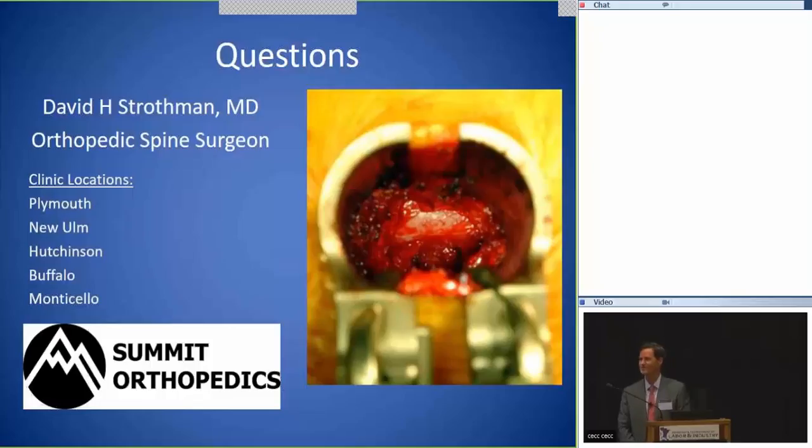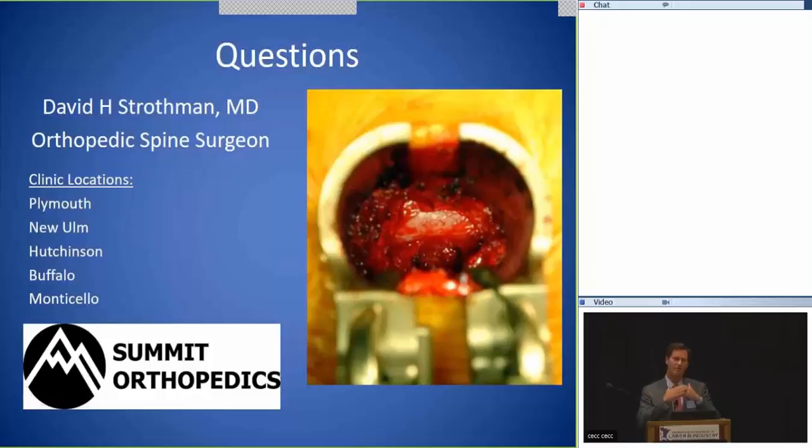Thank you. Can the screws, the hardware, be removed in the future after it's stabilized, or do the screws and all the hardware have to stay in? Yeah, so great question, and the answer is yes. They can come out. The one downside that I've seen with minimally invasive fusion surgeries is that because the muscle is still alive, it still contracts and moves over the top of the screws.